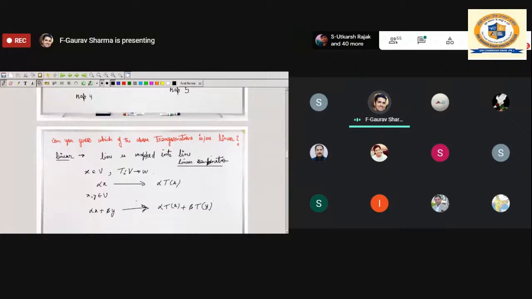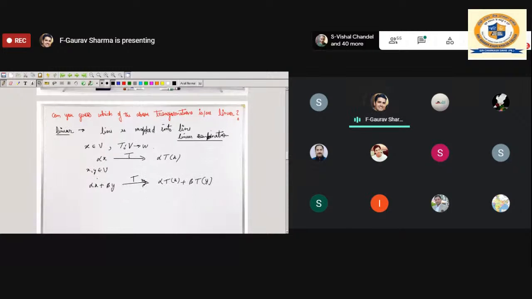Linear transformation T. Now, can you imagine these operations? So these are the linear transformation. What we can say, a line is mapped to a line.